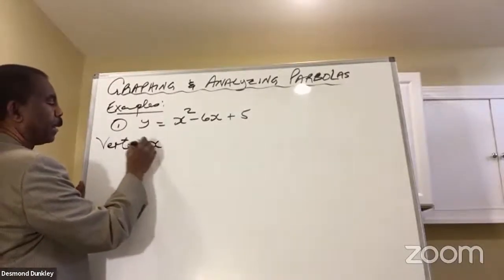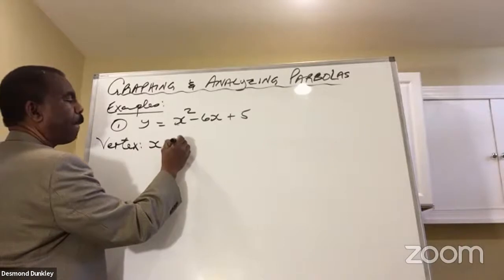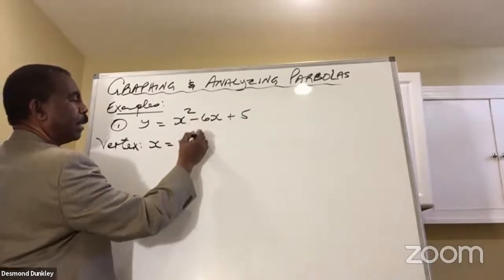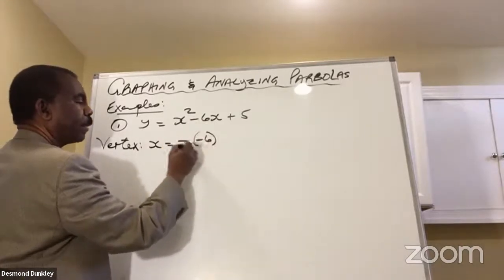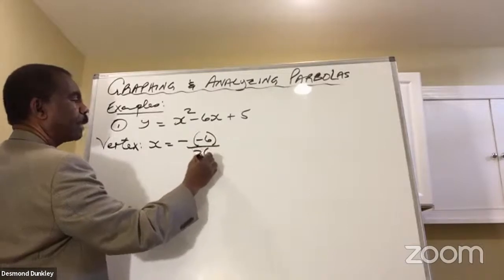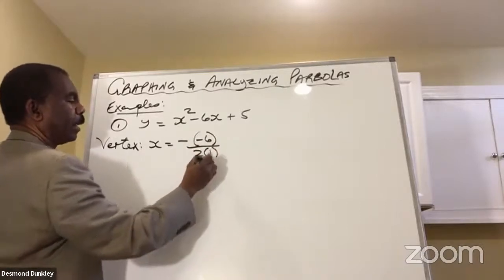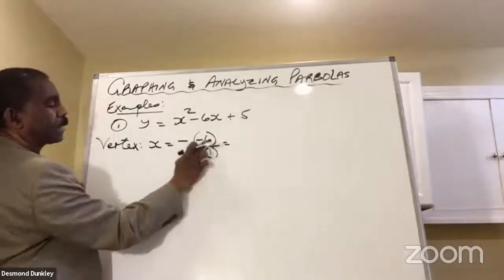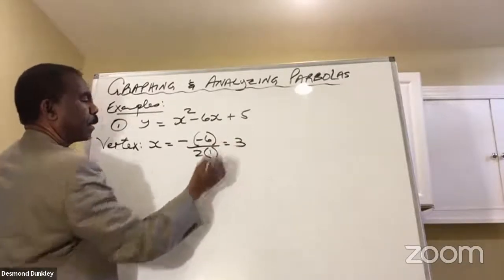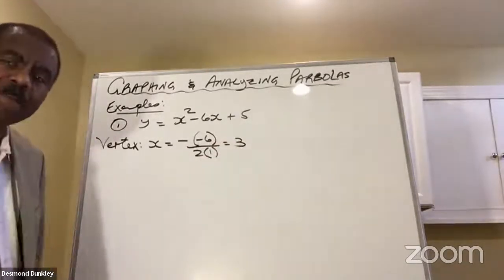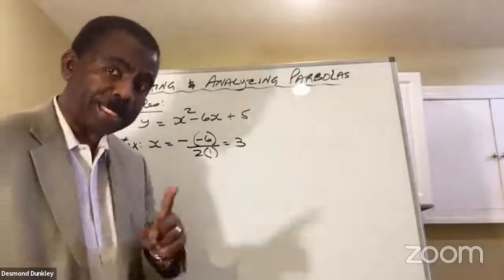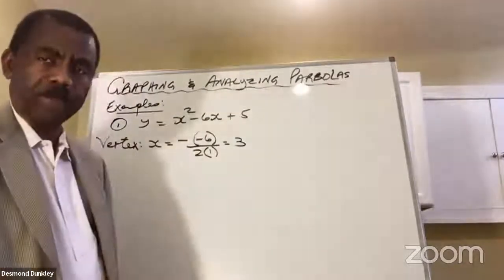So let's go for the vertex. x is equal to minus b, which is minus negative 6, over 2 times a, which is 1. And that's going to be equal to 6 over 2, which gives you 3. So we know the x value at the vertex is 3.